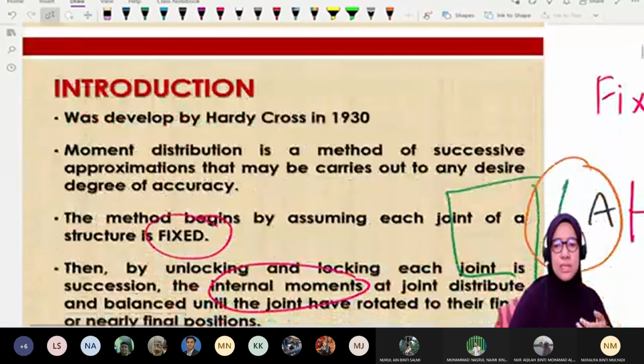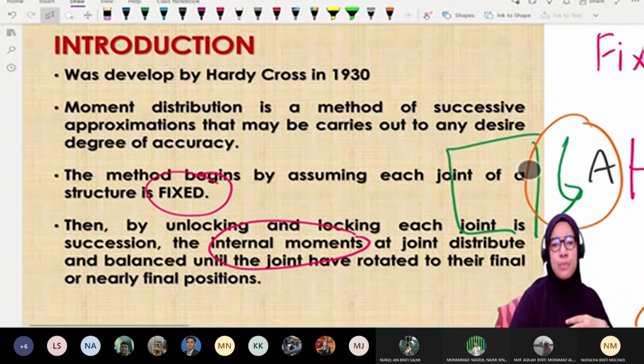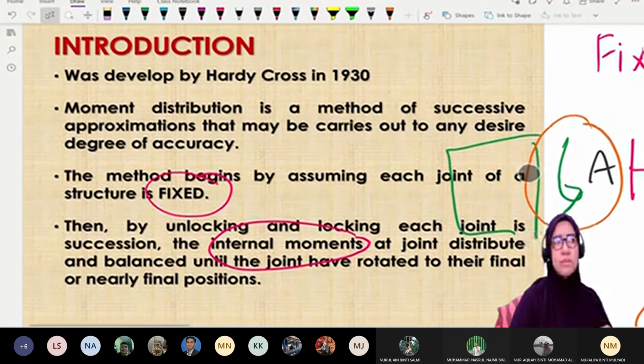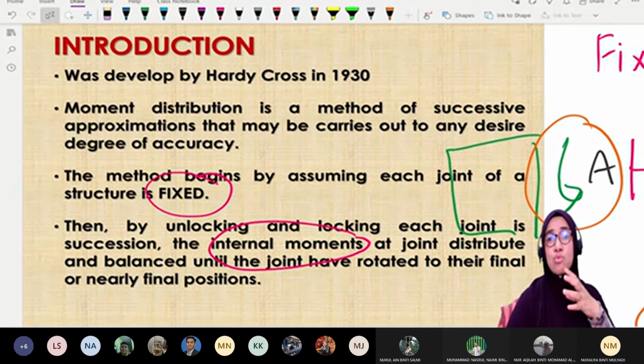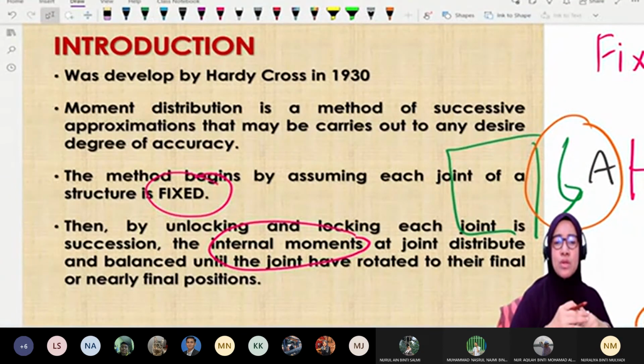This general principle and definition is just to explain the procedures, because the moment distribution method is very easy to apply; we can formulate this into Excel and get the moment directly. But you have to know the process first to understand.